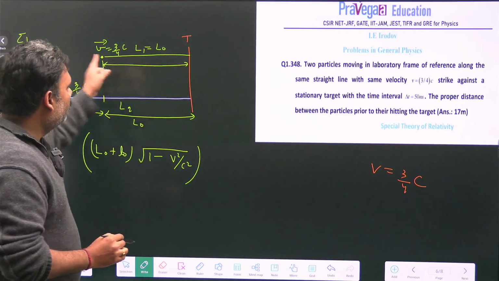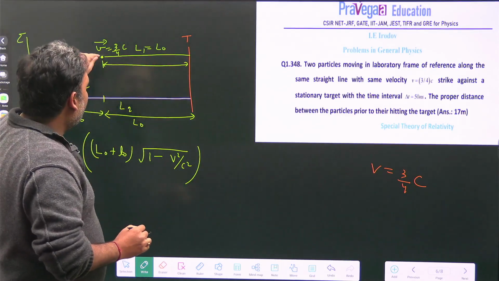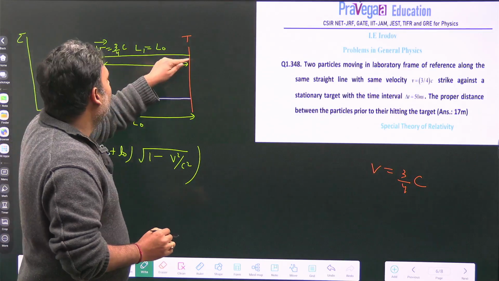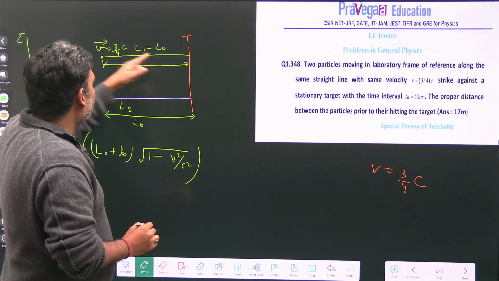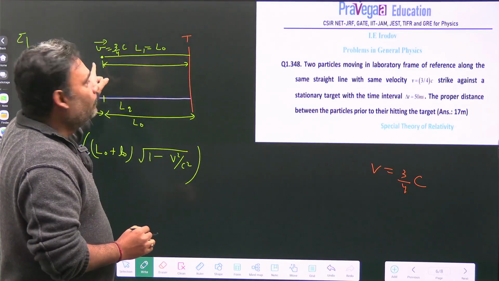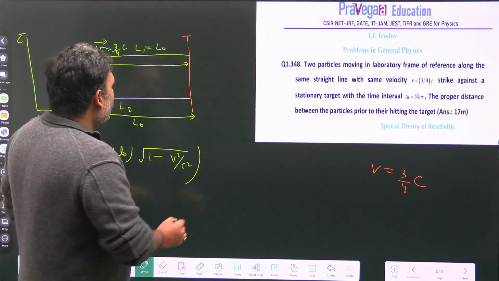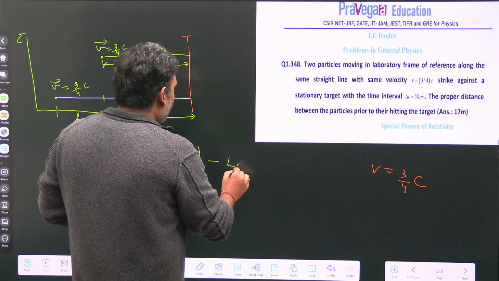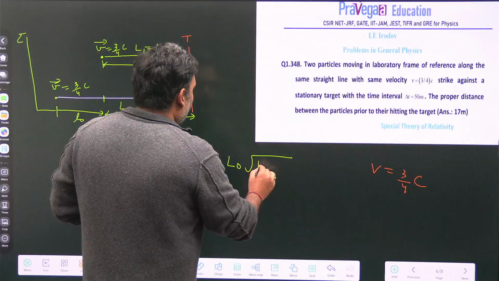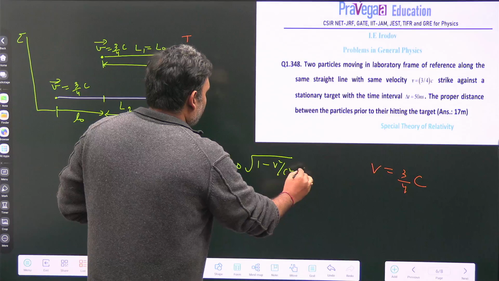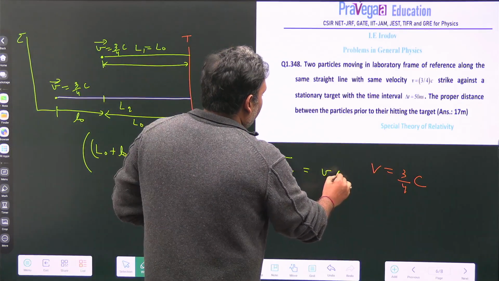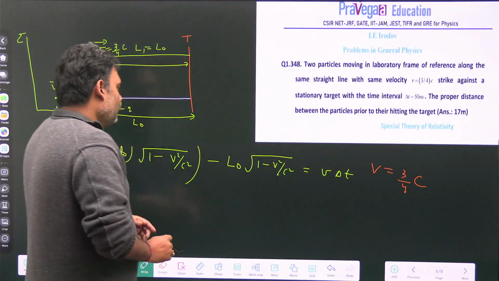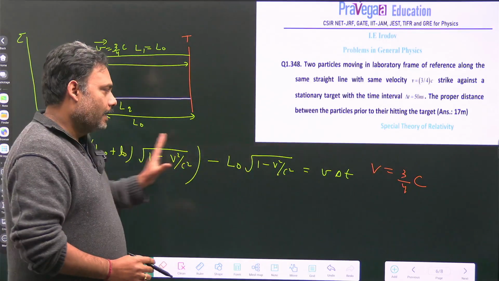And what about the first particle? The first particle is also moving with speed v. That means with respect to this observer, this length is going to move with speed v, and so this length is also contracted, by the factor root of 1 minus v square upon c square, and that value is nothing but v into delta t. So this is your length kinematics equation.